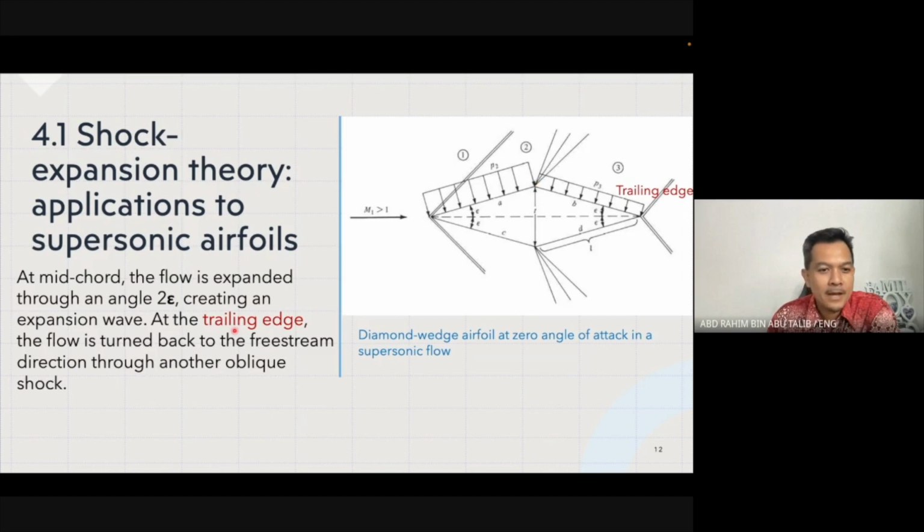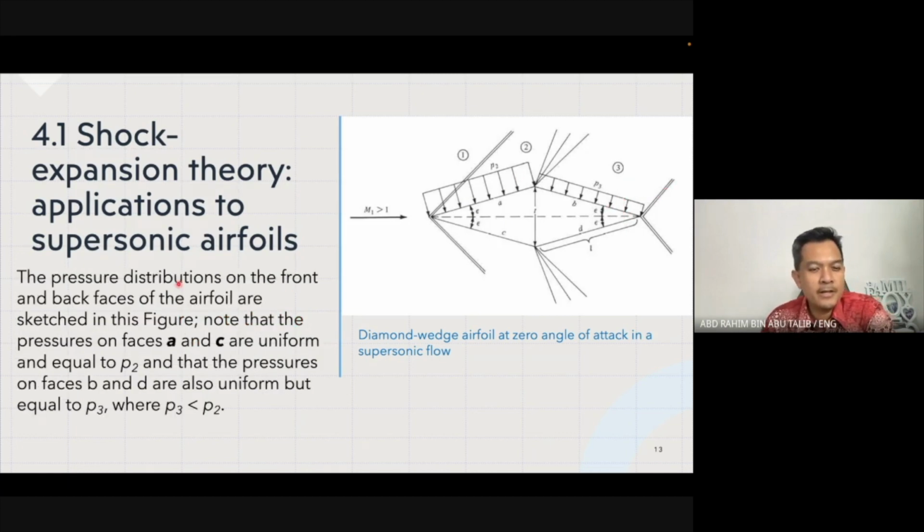And then it is turned back to the free stream direction through another oblique shock at the trailing edge. So it will experience an oblique shock, then at the mid-chord an expansion wave, and eventually at the trailing edge another oblique shock. That is what happens on the top surface.